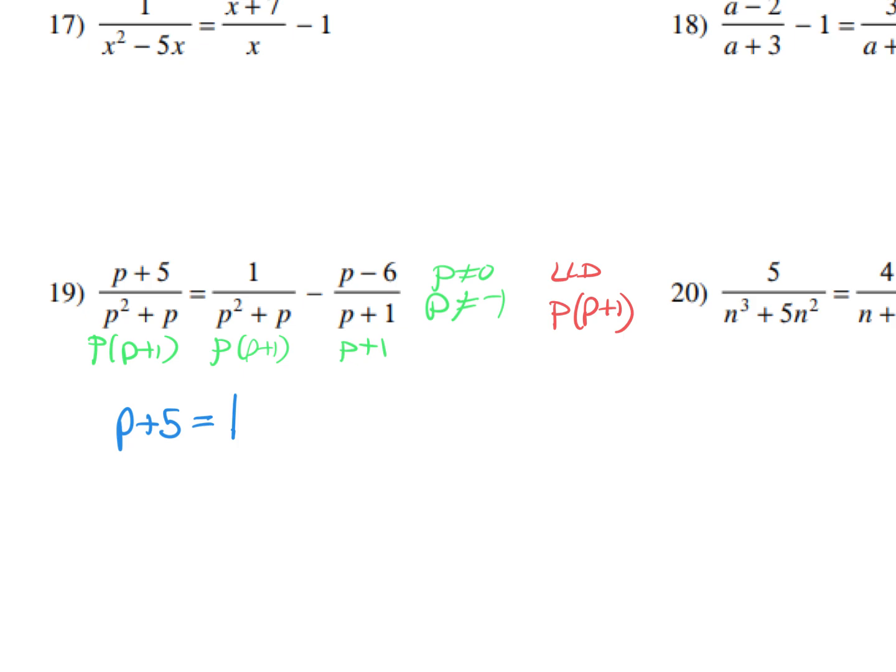And so when I go to multiply that, I'm going to have this minus sign here, and then I'm going to need to multiply a p by this expression, p minus 6. And so I'm going to have to do a distributive property.